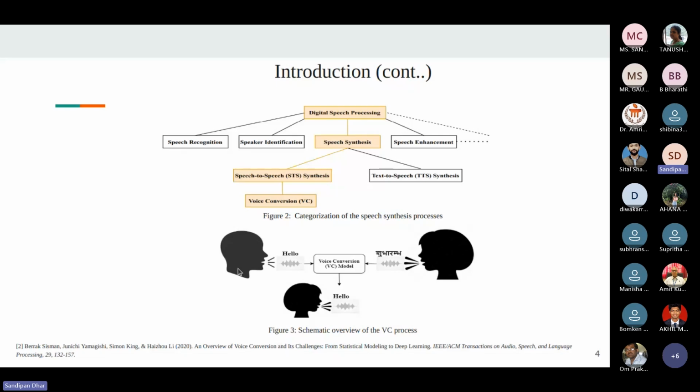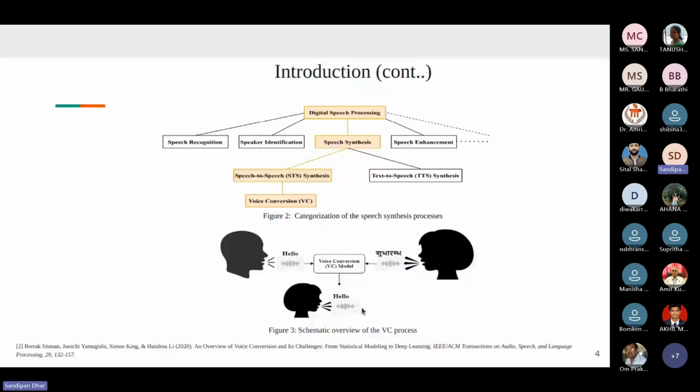The basic objective of the voice conversion model, which is a speech-to-speech model, is to extract the vocal features of the source and target, and specifically the content of the source speaker. Once it learns the vocal feature representation or the distribution of the features, it will superimpose the vocal features of the target speaker over the content of the source speaker, that is "hello", and generate the "hello" content in the target speaker's voice at the inference stage, such that it seems like the target speaker is uttering the content of the source speaker.